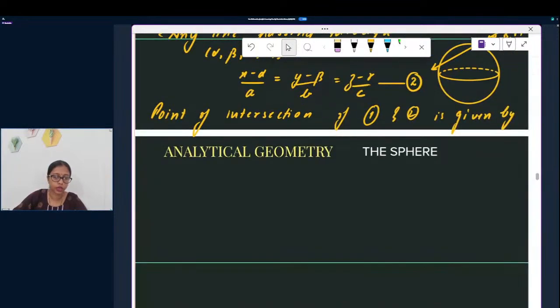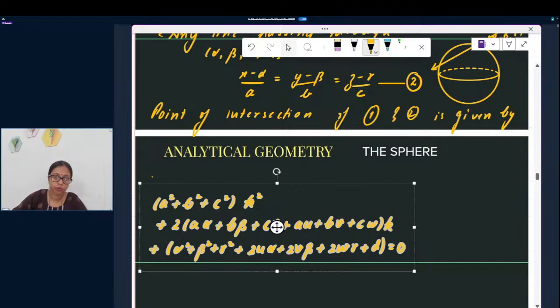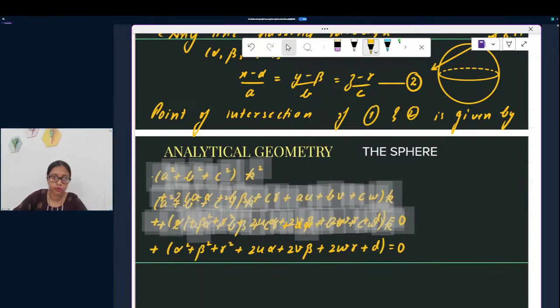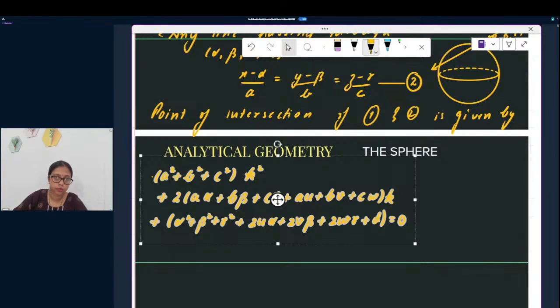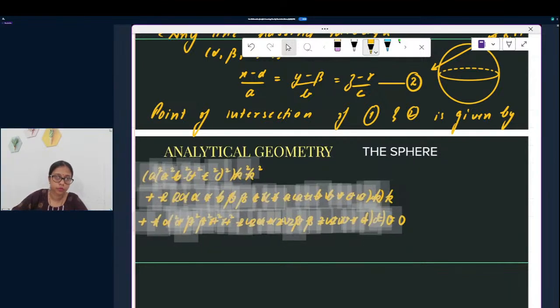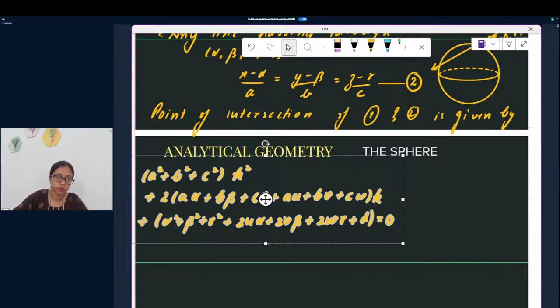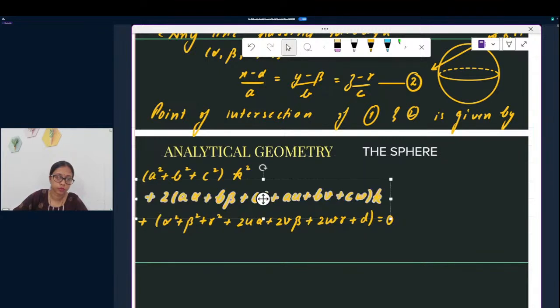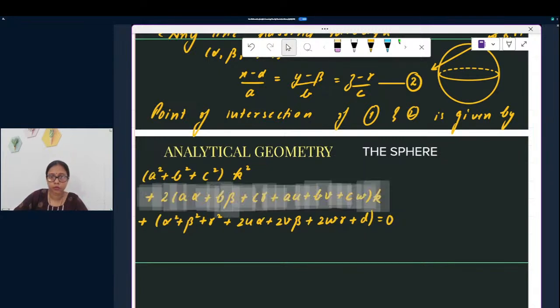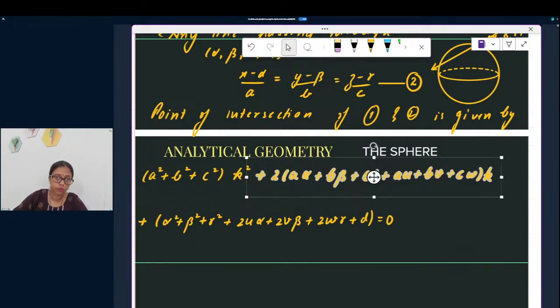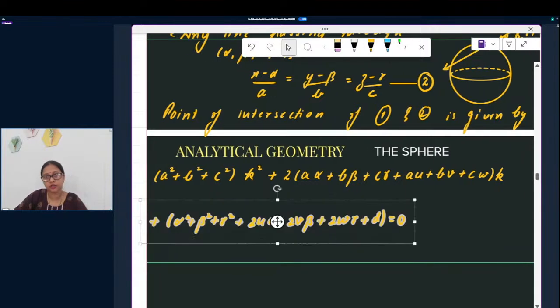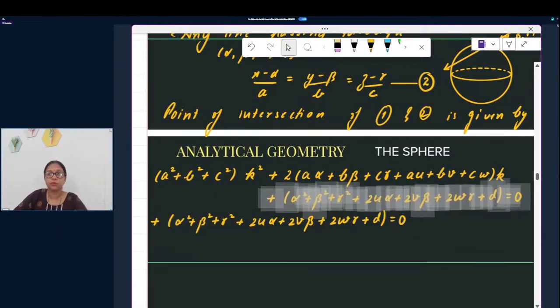This is what I'll obtain. But can you see that there is an edge here? The constant becomes 0, beta.